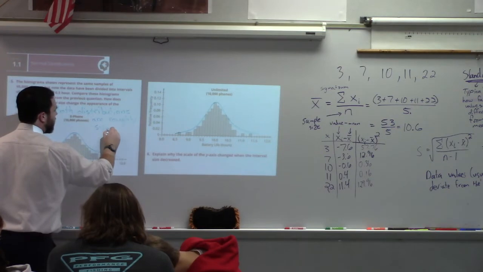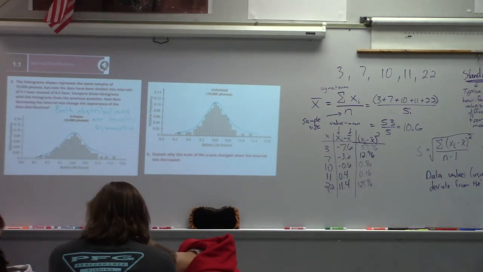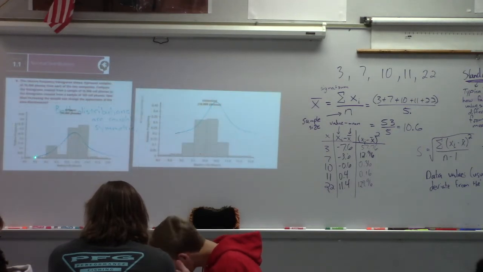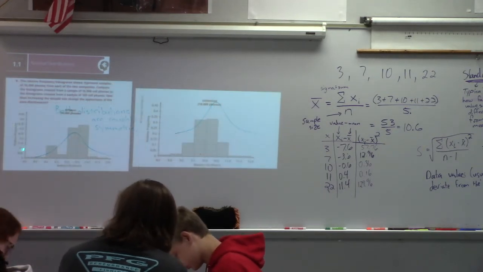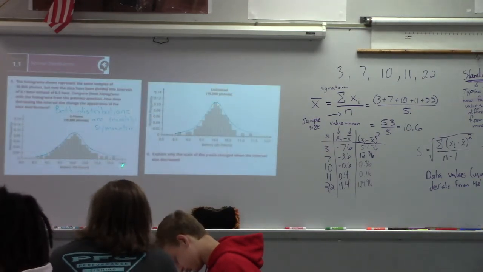So I want to point this out. I need y'all to pay attention to this. Does it matter how long your interval length, or interval width, is? No. Wait, I thought we just said that this was skewed left slightly, right? Yeah, that matters. Whereas now this is roughly symmetric, right?